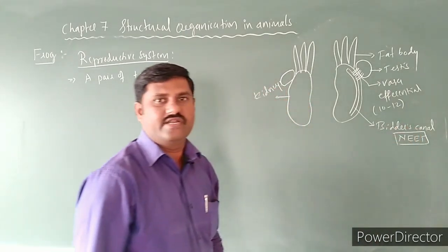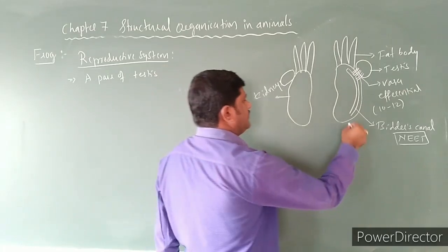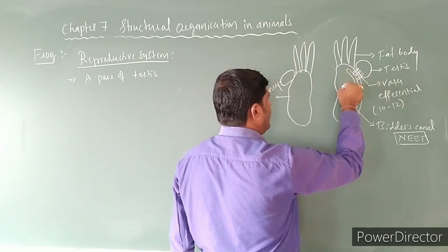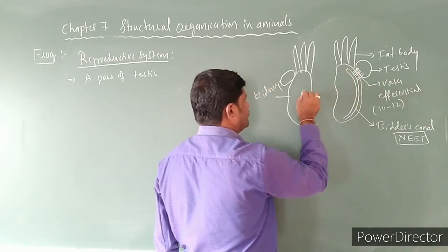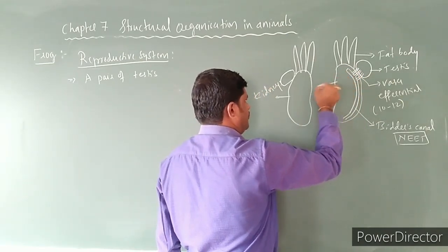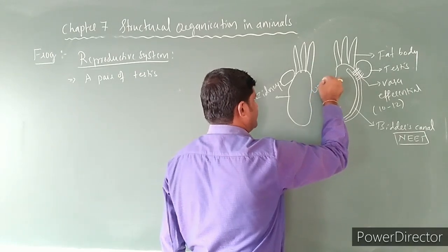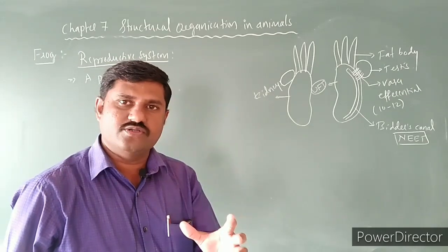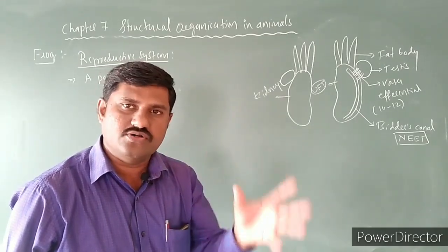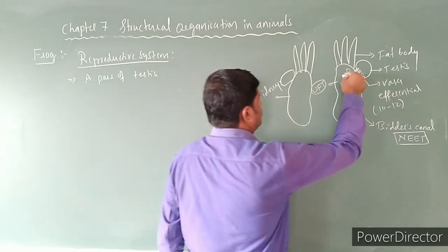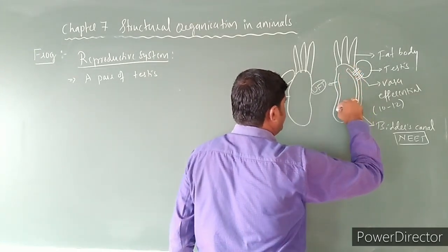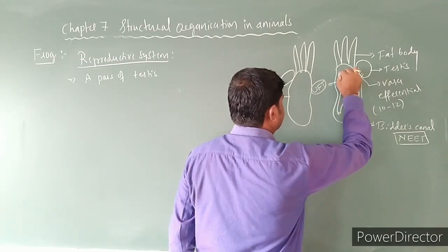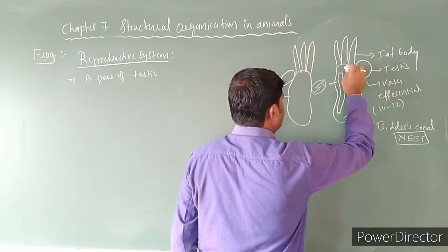This canal comes over here, and all the uriniferous tubules, the nephrons, are also there and all together form a common tubule of uriniferous tubules, right?